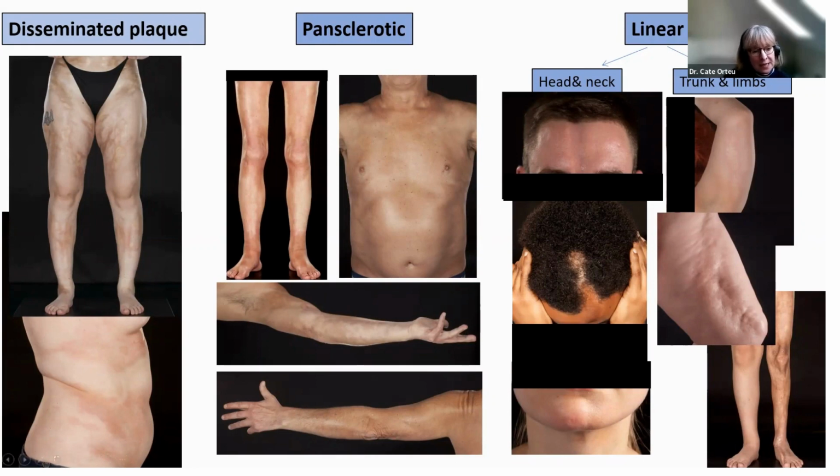Whereas this pattern is known as isomorphic. This is a side view of the trunk, and this lady has plaques of Morphoea in the bra line and also around the waistband, and generally we see them extending down into the groins as well.